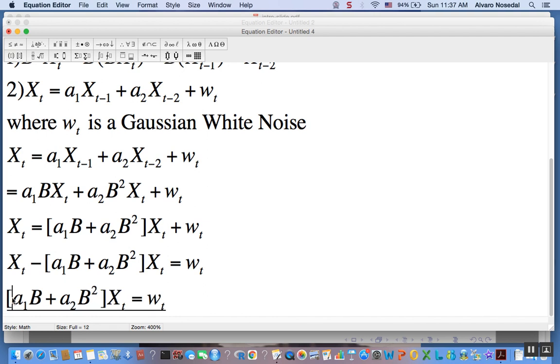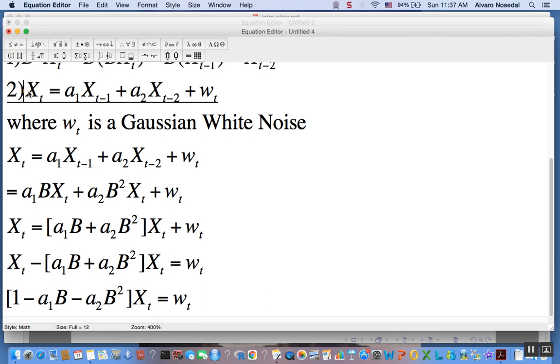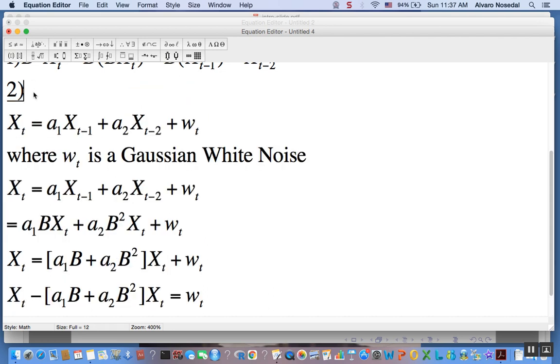So what we have is 1 minus a1 B minus a sub 2 B squared. So what we have done here is rewritten an AR2 process using the backward shift operator. Okay, makes sense?